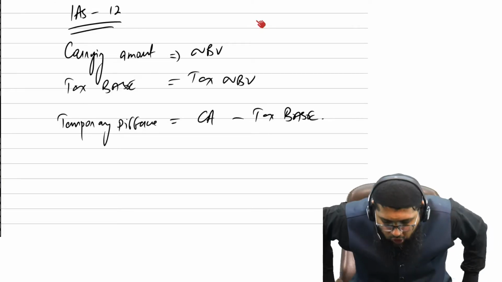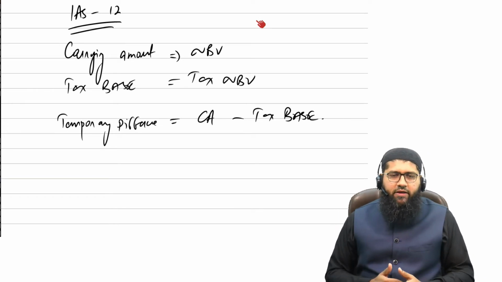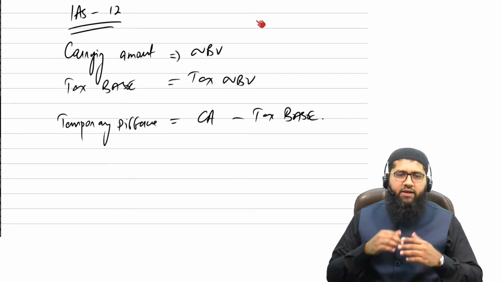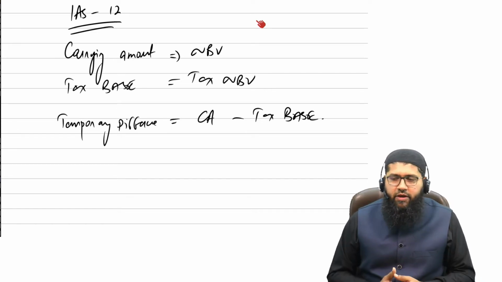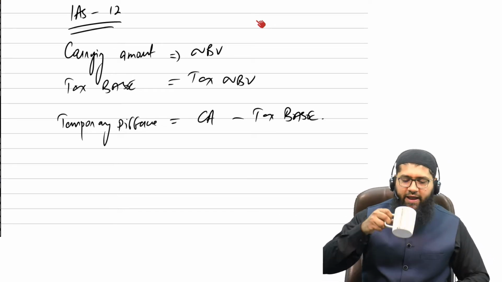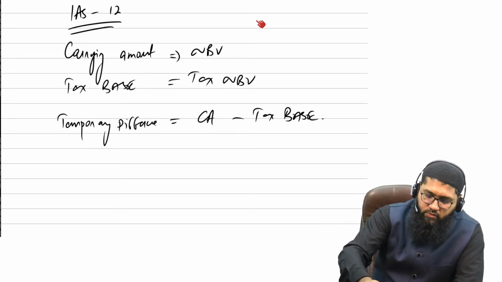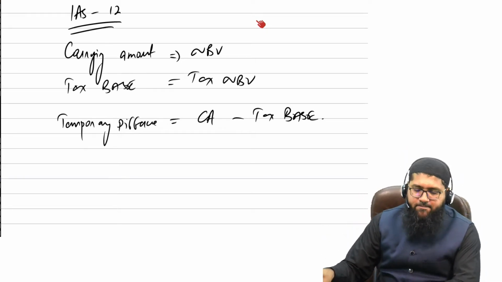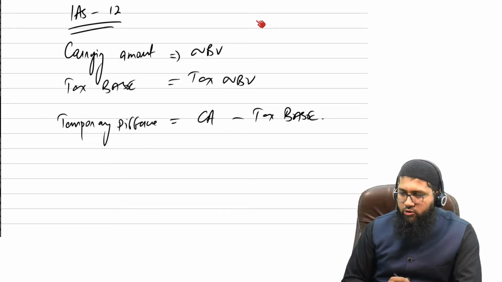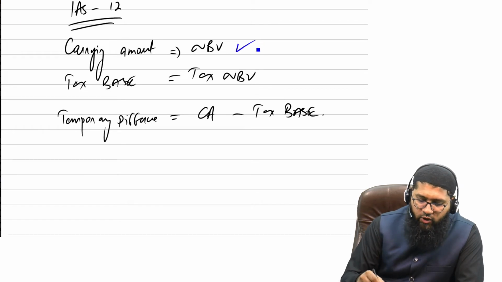Okay, guys. So the next query is about IAS 12. I cannot go through the entire IAS 12 right now, but I can give you some guidance as to what you should look at if you want to do these IAS 12 queries. First of all, when we talk about the carrying amount, it is the accounting net book value.